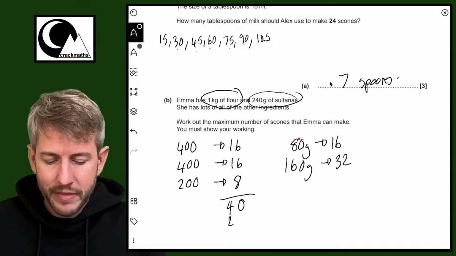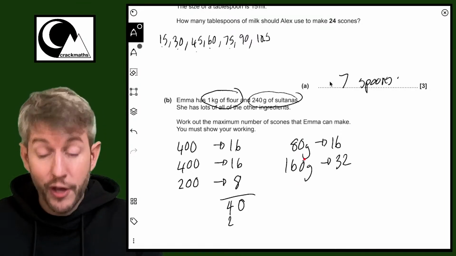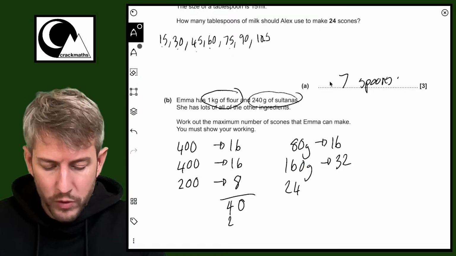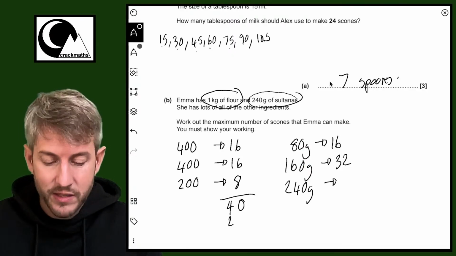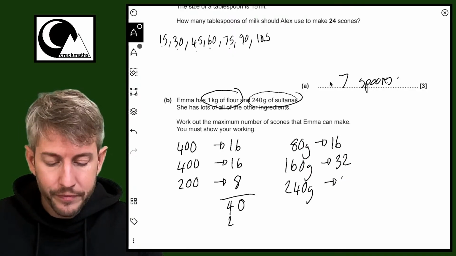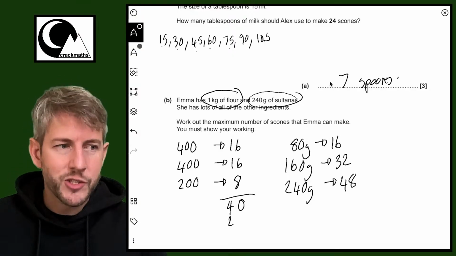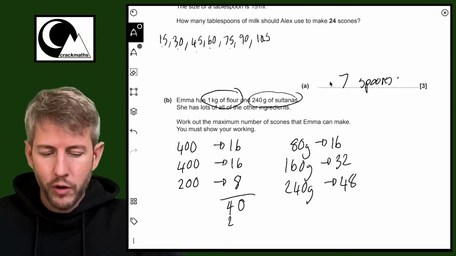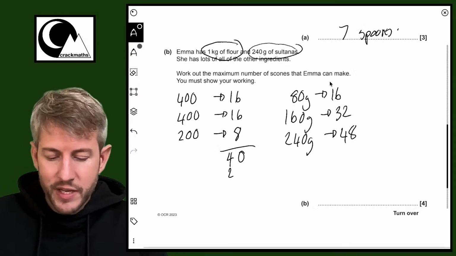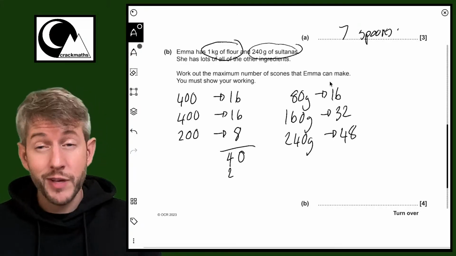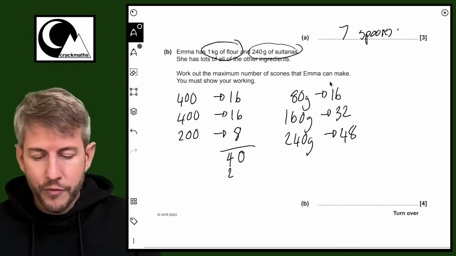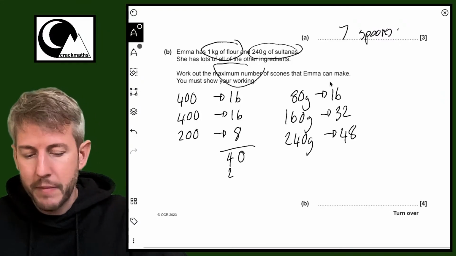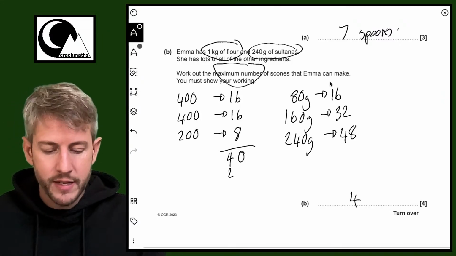And then let's add on the other 80 grams, so that's 240 grams, which is how much she has, would take us to 48 scones. Okay, so there we go. The flour allows her to make 40 scones, and the sultanas allow her to make 48. So the limiting thing, the maximum number she can make, is going to be 40.